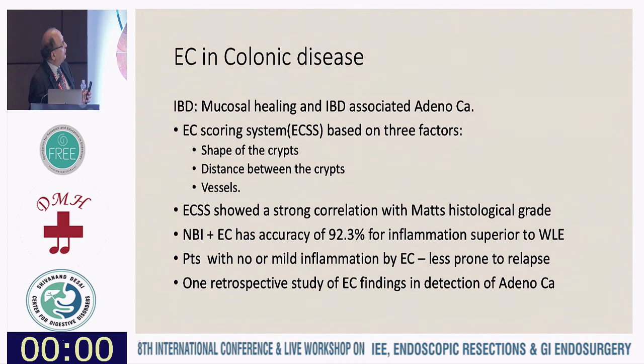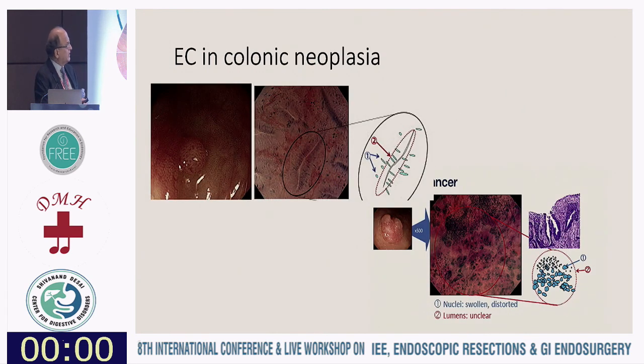When we talk of endocytoscopy, the evidence is again similar, that there is very little clinical data, mostly bench studies, and accuracy is high, but we don't know how it will apply to clinical scenario. The advantage of endocytoscopy is that you have a magnified endoscope with you, so you have a flagging technique available to you.